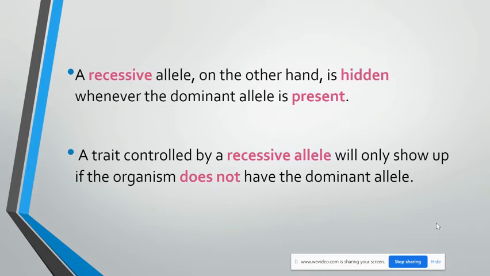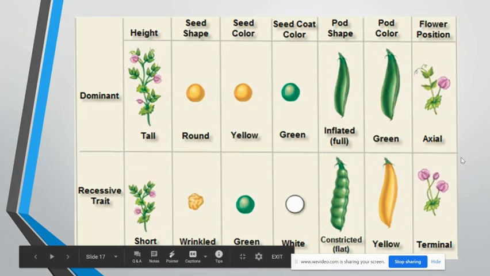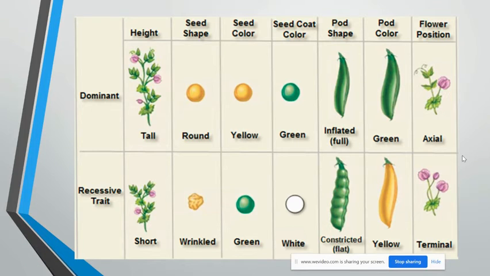But then with the second generation of offspring, that short allele was able to show up again. So these were some other characteristics that Mendel looked at with pea plants, and it just shows which ones were dominant, which ones were recessive, or those traits that maybe aren't as favored.